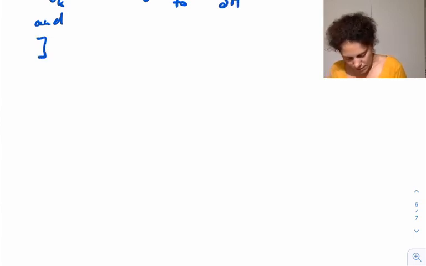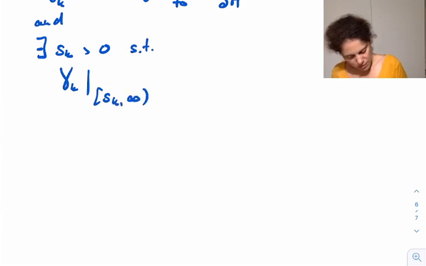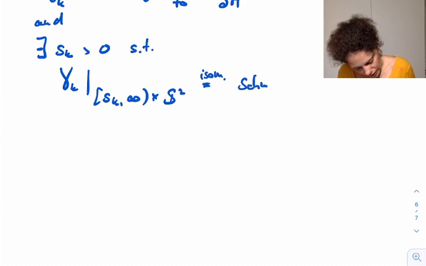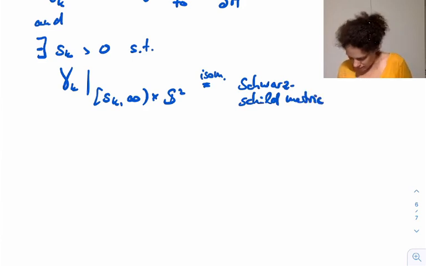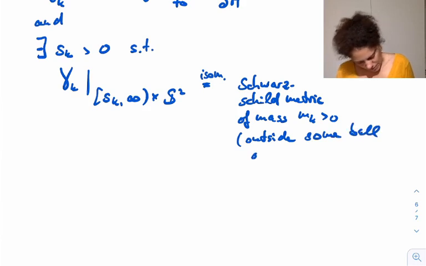And there exists a number sk bigger than 0, such that gamma k restricted to the part of the manifold sitting outside this {sk} times S2 is isometric to the Schwarzschild metric of some mass mk, which is positive, outside some ball of radius rk, which is bigger than 2mk.